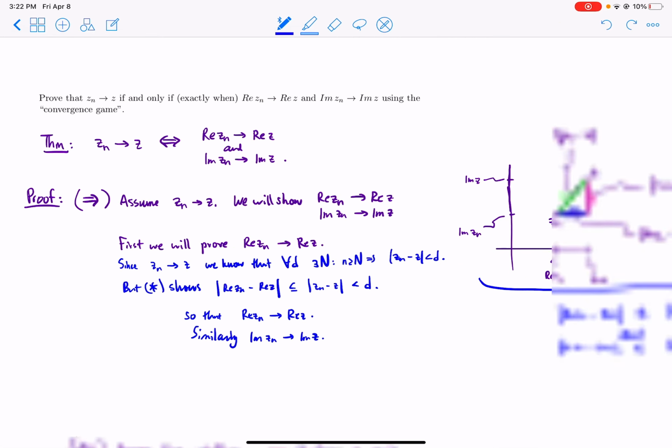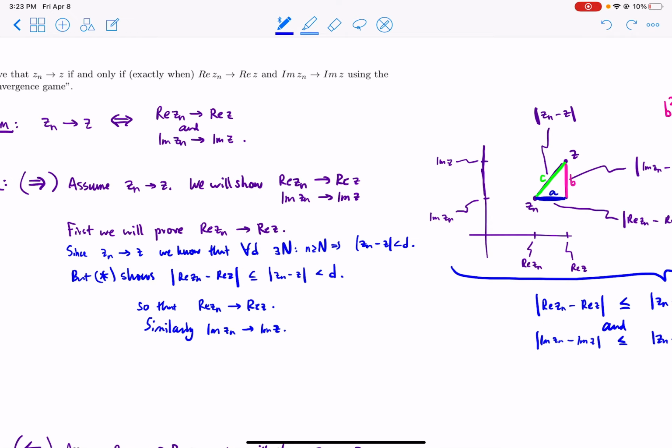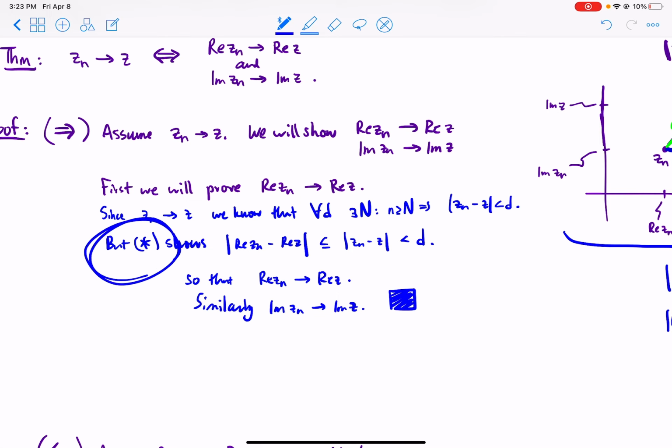But by this very important diagram, and really the Pythagorean theorem, we actually knew that the real parts were smaller than this thing which we had control over, so the real parts were also small enough. And the same for the imaginary parts. So we are done with this proof with the crucial help of star.